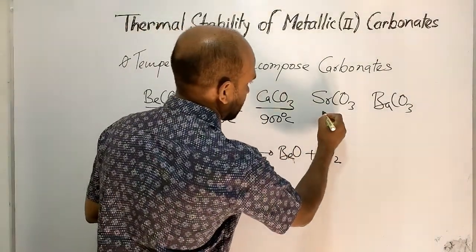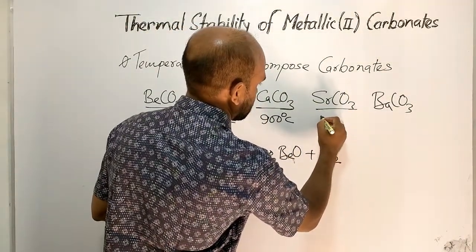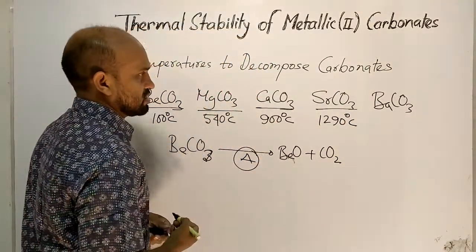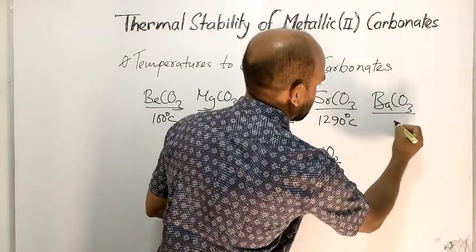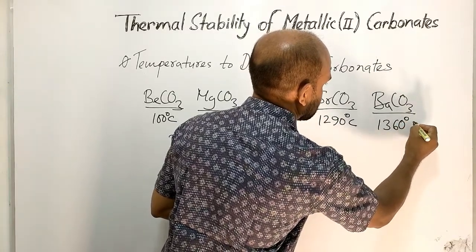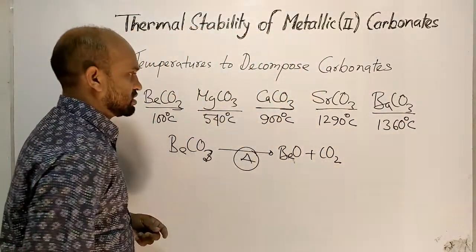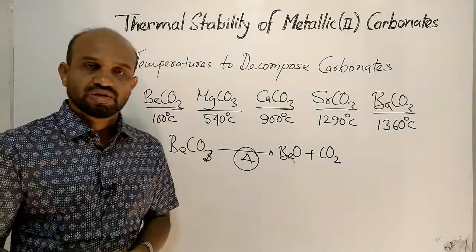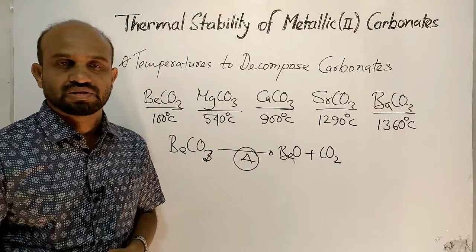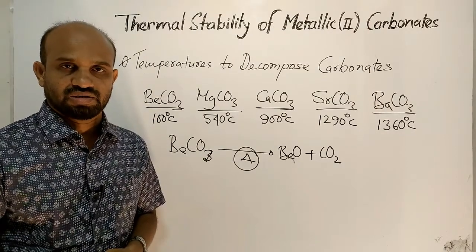For strontium carbonate this is 1290 degrees centigrade, and in case of barium carbonate this is 1360 degree centigrade temperature. That means different carbonates, different temperatures are required.